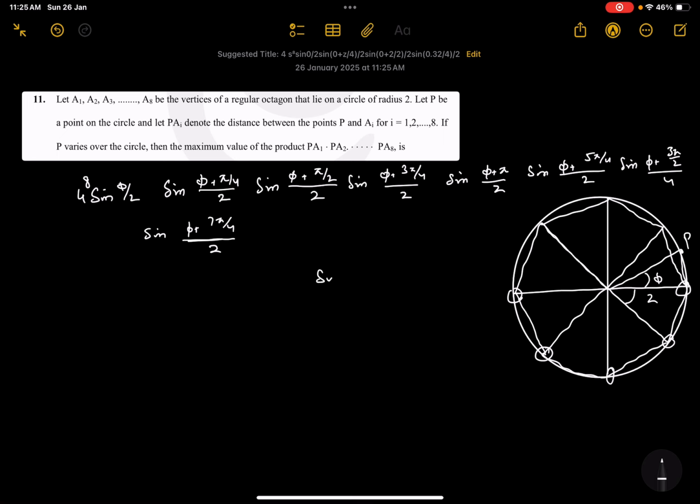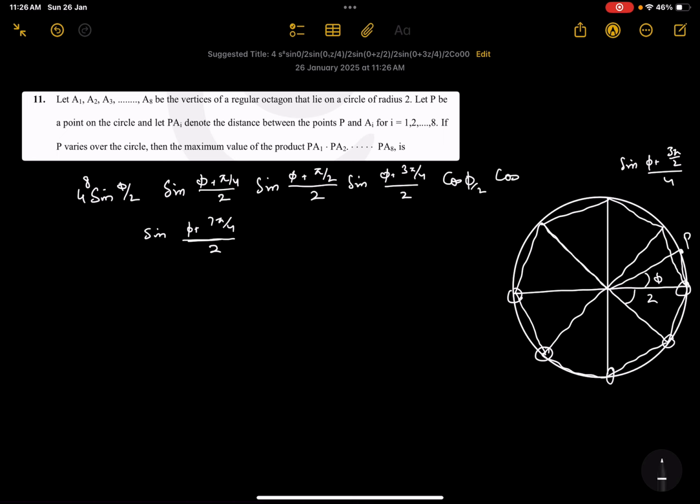Now we know that sine of (theta plus pi by 2) is cos theta. So this becomes cos phi by 2.